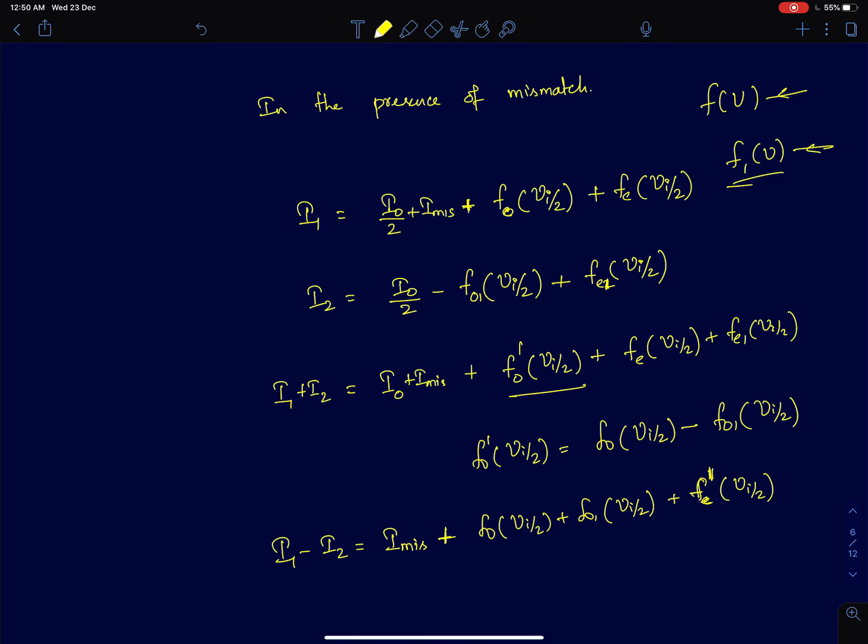But now, if I add the two, the odd parts will not get fully cancelled out, because there is a mismatch between the two devices. Therefore, some residual odd harmonic will still be present in I1 plus I2, which is the current drawn from the supply. And even harmonics are anyway already present. So the additional term that's present here is the odd harmonic terms.